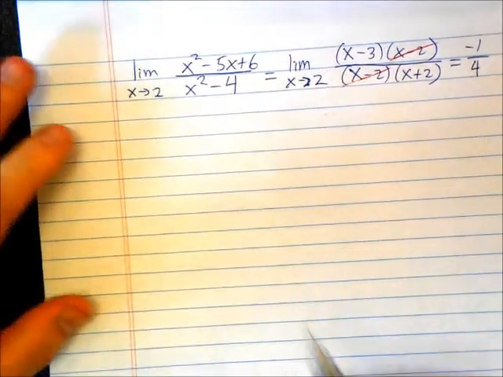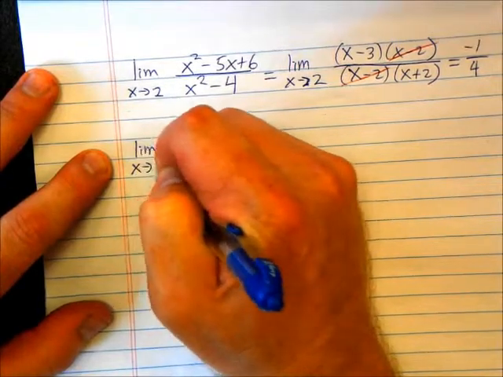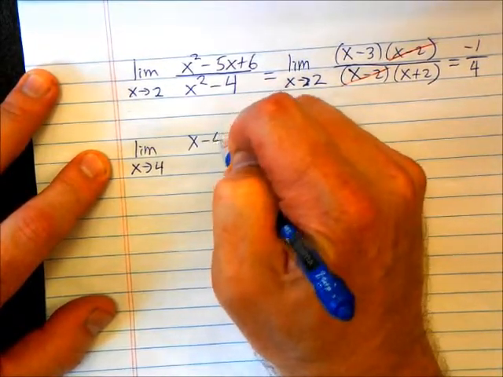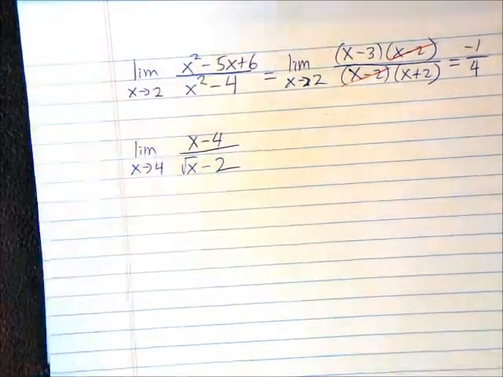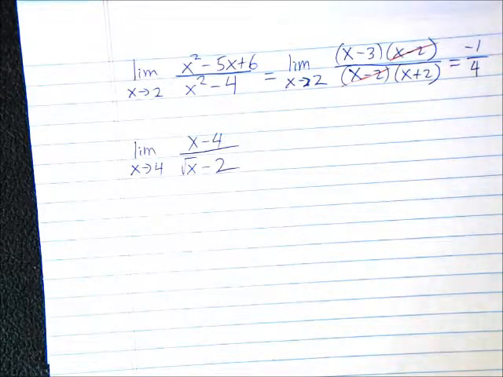All right, this one. Limit as x approaches 4 of x minus 4 over the square root of x minus 2. Once again, the very first thing I would try to do is I would try to plug in the number 4. When I try to plug in the number 4, some bad stuff happens.